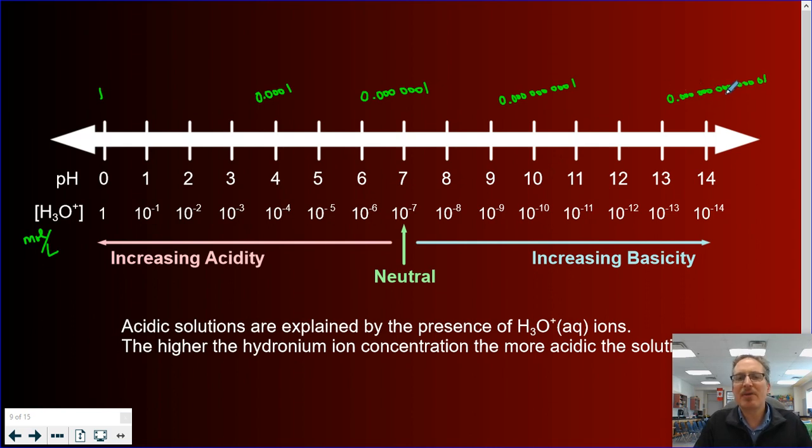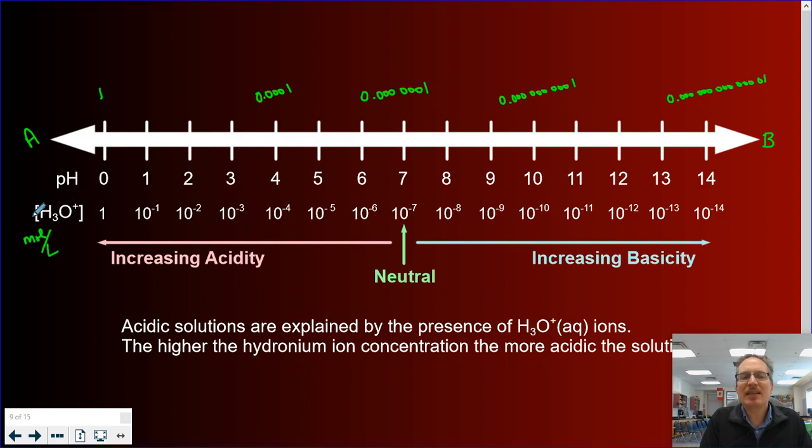But if you think about it, on this scale, here are my acids, here are my bases. Basic over here, acids over here. Well, we would expect the concentration of hydronium ions, the substance that tells me that it is an acid, to be stronger over here with a lower pH where we know the acids are.